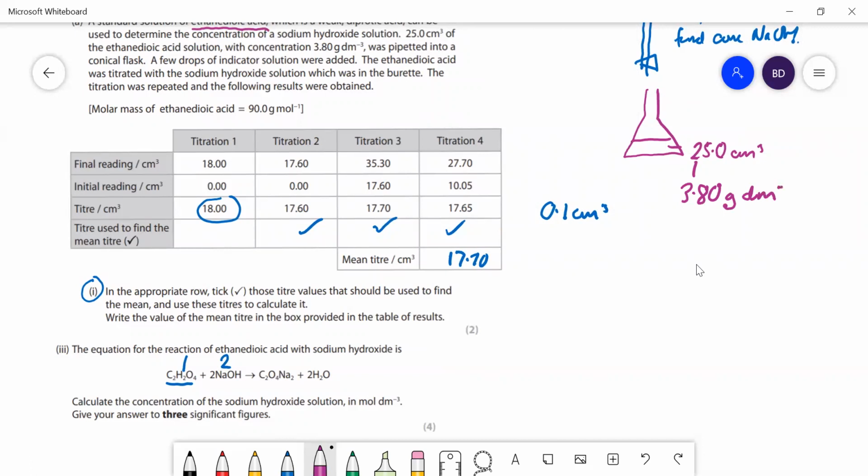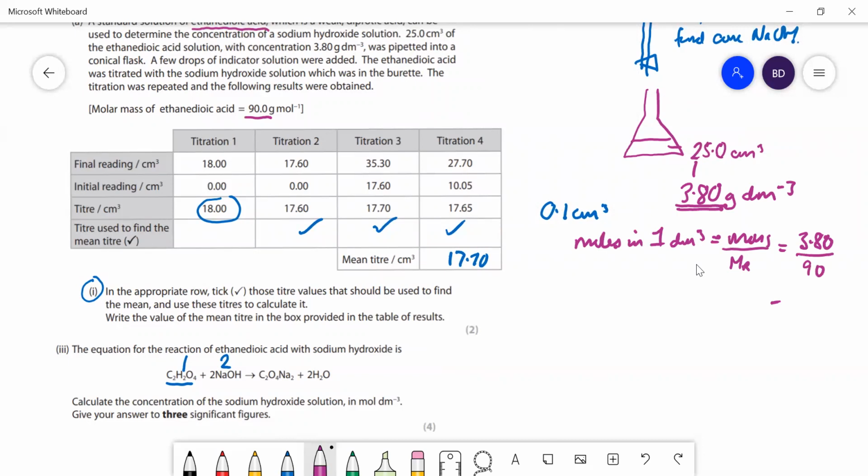That's the concentration. So let's work out how many moles we've got in a decimeter cubed. We've got that many grams in a decimeter cubed. So let's write down the moles in 1 dm cubed is equal to the mass over the Mr. So that's going to be 3.8 over the Mr, which is 90.